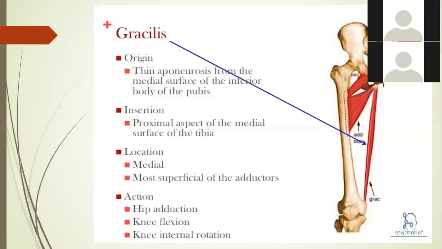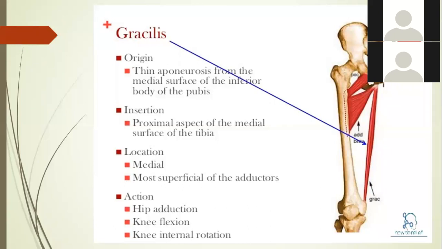Now see, the very first muscle that we found in the medial compartment of the thigh is the gracilis. And these are all points you must remember: the origin, the insertion, the location, and the actions. But remember, the body and ramus of the pubic bone are mainly responsible for giving origin to the muscles of the medial compartment of the thigh.